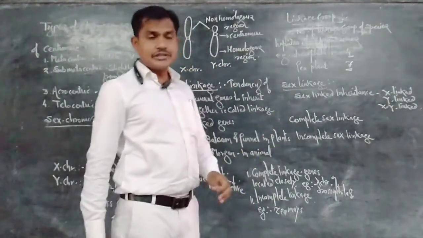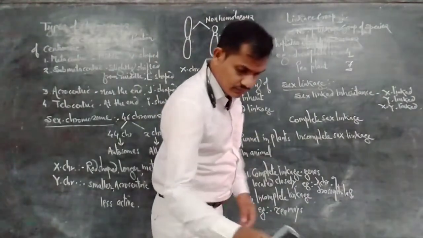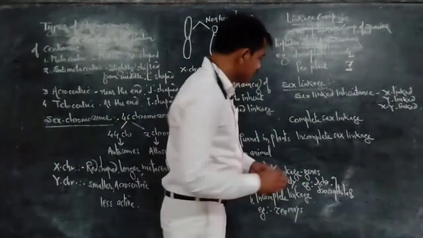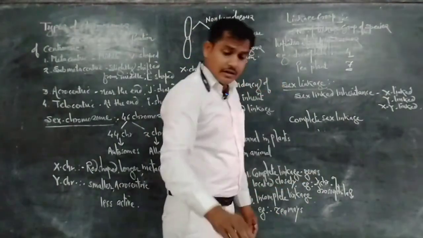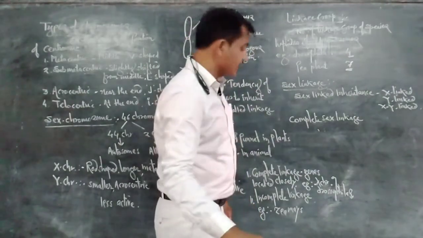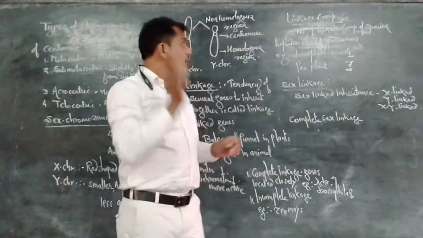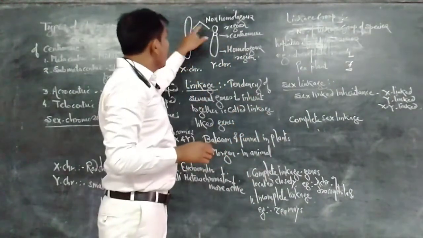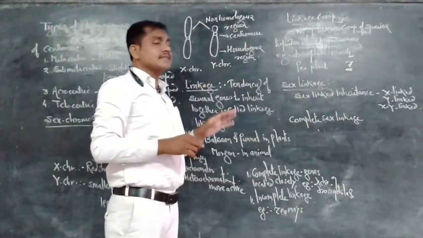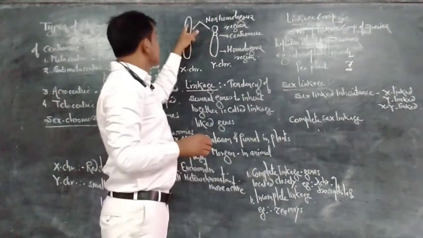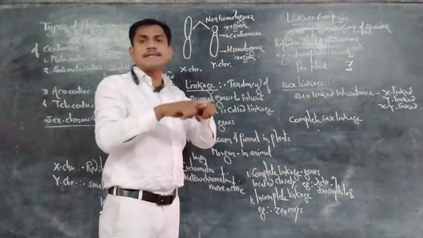First, complete sex linkage. Here the genes are located on the non-homologous region of the X and Y chromosomes, because these regions do not undergo crossing over.